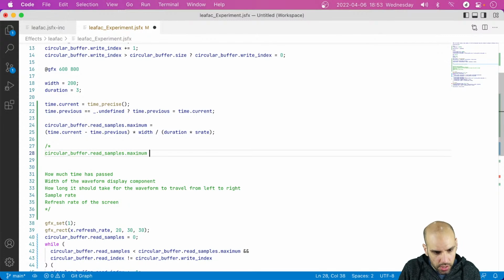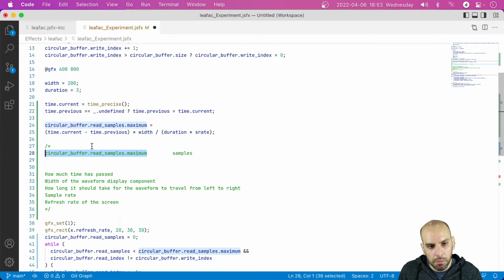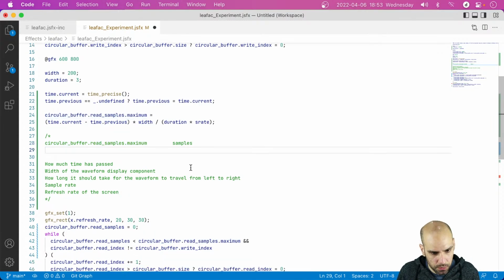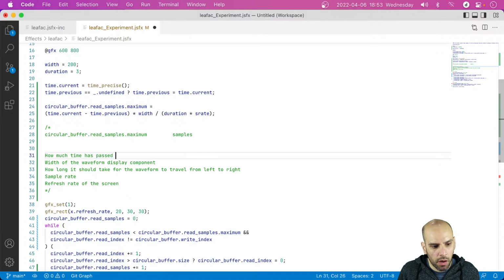So what we want is measured in samples. That's the unit of measurement. We want to know how many samples we are supposed to read at most so that it corresponds to the amount of time that has passed. Then how much time has passed is given in seconds. Then the width of the waveform display component is given in pixels.